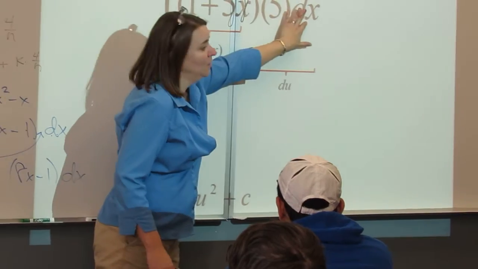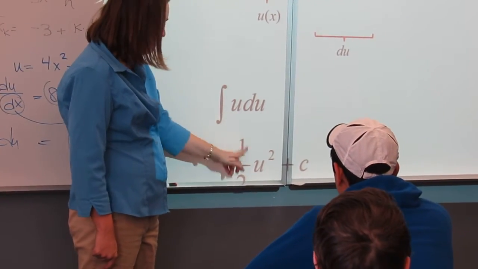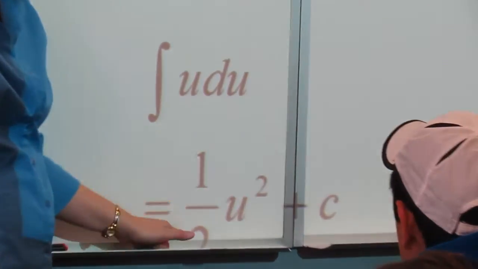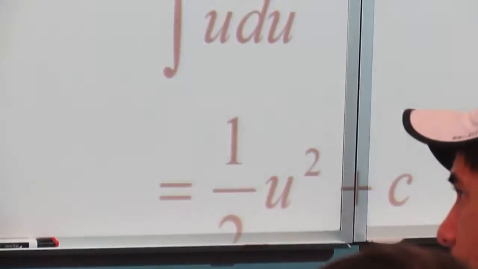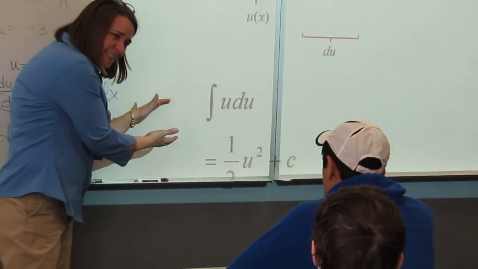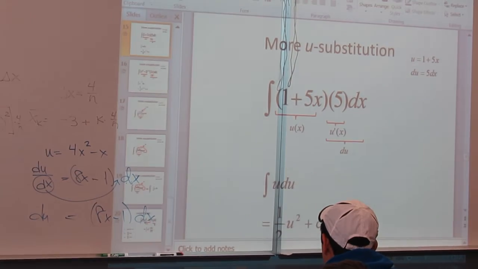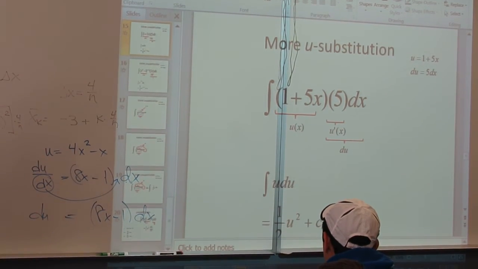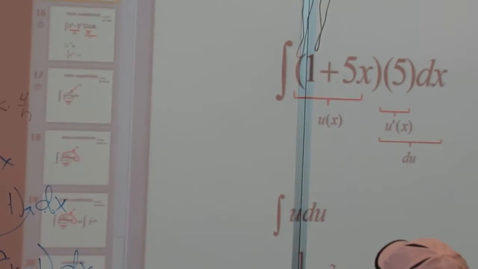U du. It's an antiderivative, it's going to be squared and divide by the 2. Maybe it can be this. I've got bad writing. Maybe that'll be better.